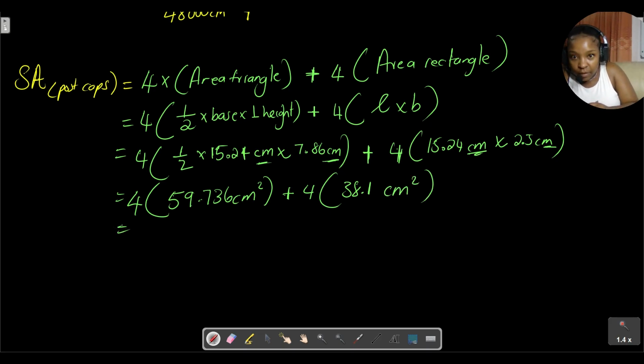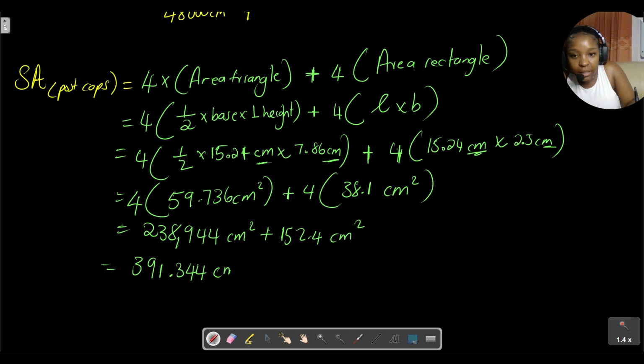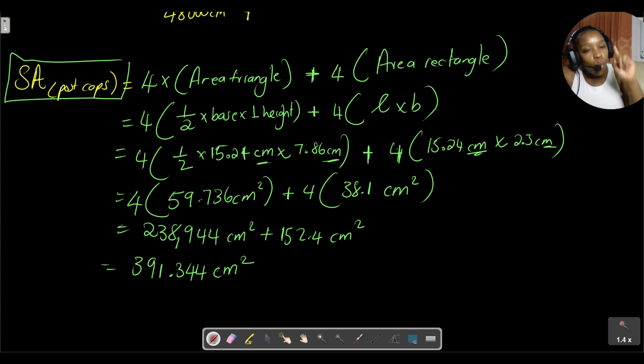Therefore, 4 times 59.736 gives us 238.944 centimeters squared, plus 4 times 38.1 gives us 152.4 centimeters squared, and then 238.944 plus 152.4 gives us 391.344 centimeters squared. So this is just the surface area of one post cap.